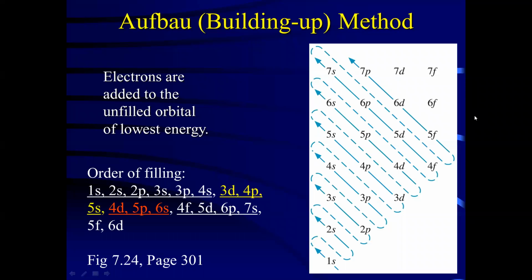In the last class, we learned how to use the Aufbau building-up method to feed the electrons into the orbitals of a specific atom.